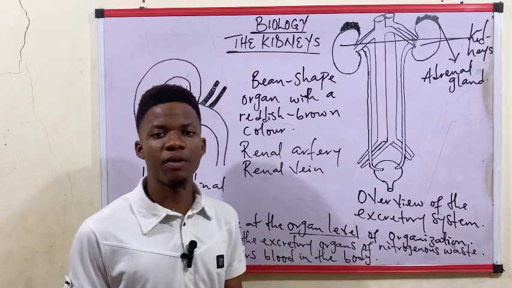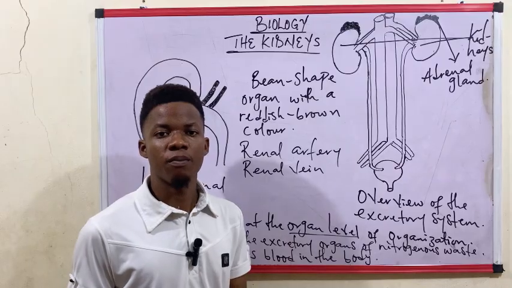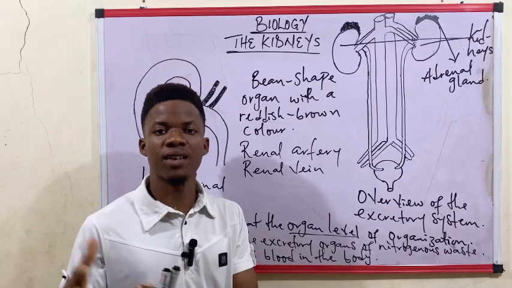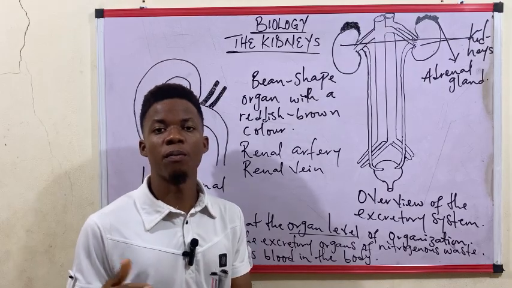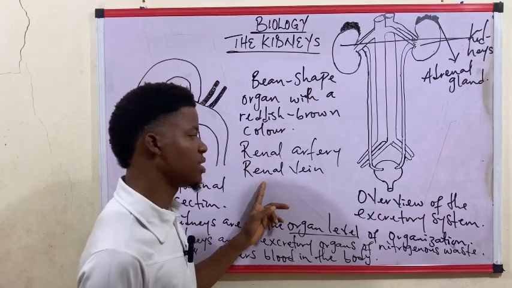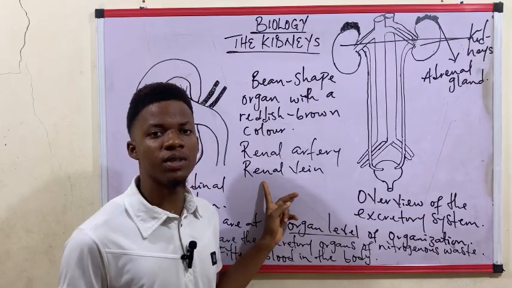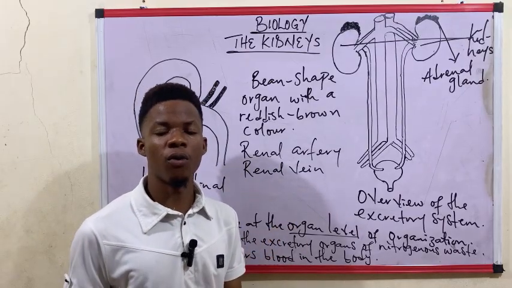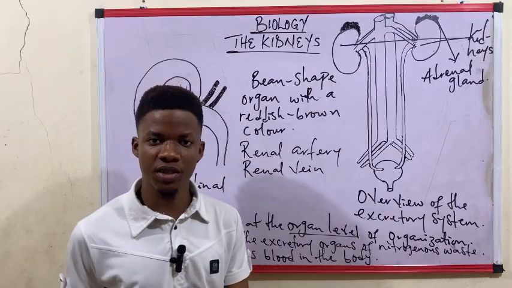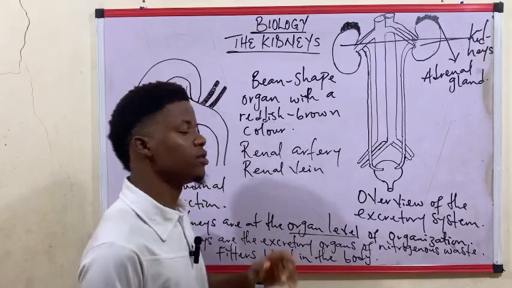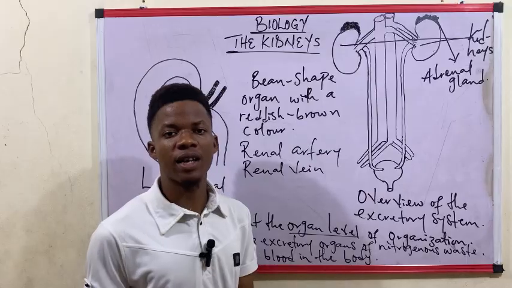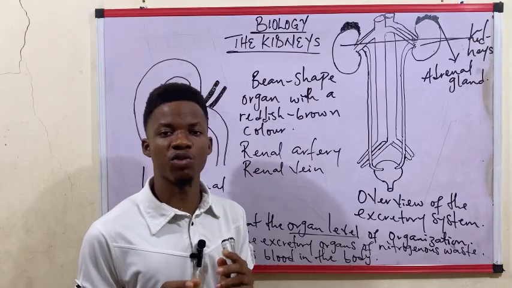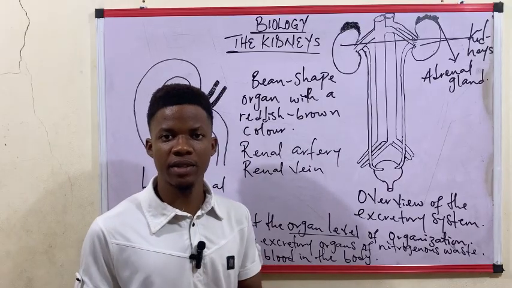The renal vein carries blood that is cleansed, a more purified blood that is free of harmful substances. Then the renal artery is carrying, let me just use the word, dirty blood.